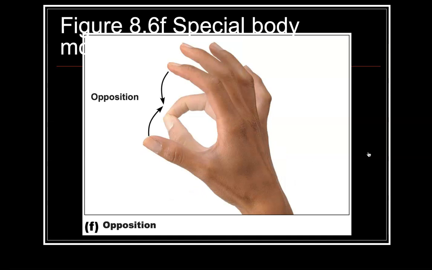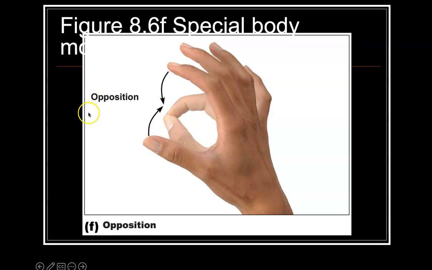And the last special movement that you have is something called opposition, which is just where you're bringing your thumb and your finger together. This is a unique thing, right, that we can do because we have this nice movable thumb, this what we call opposable thumb, right?